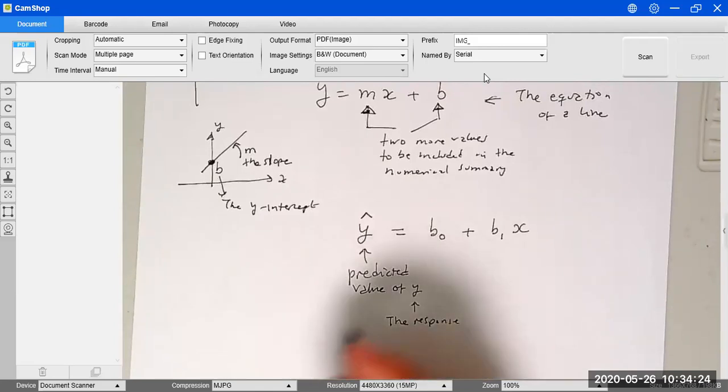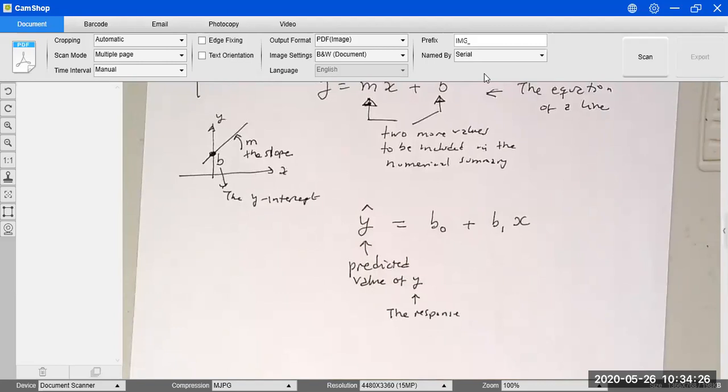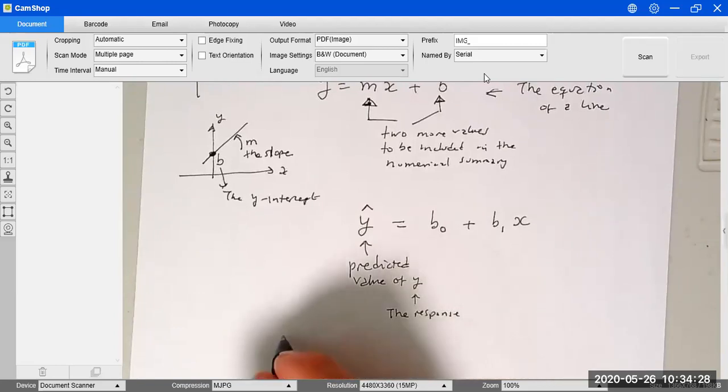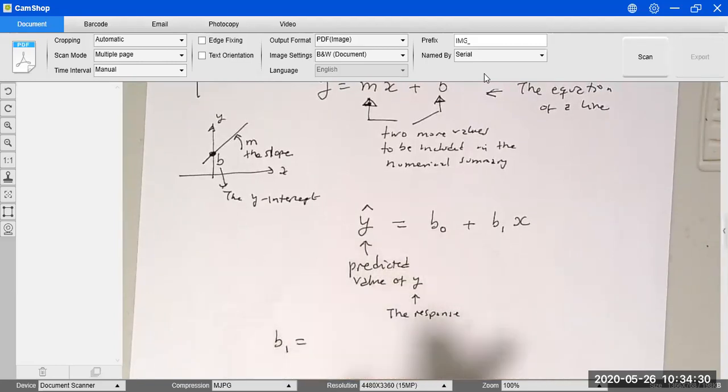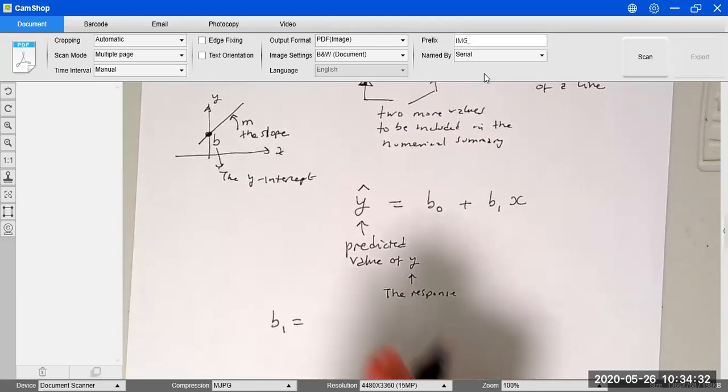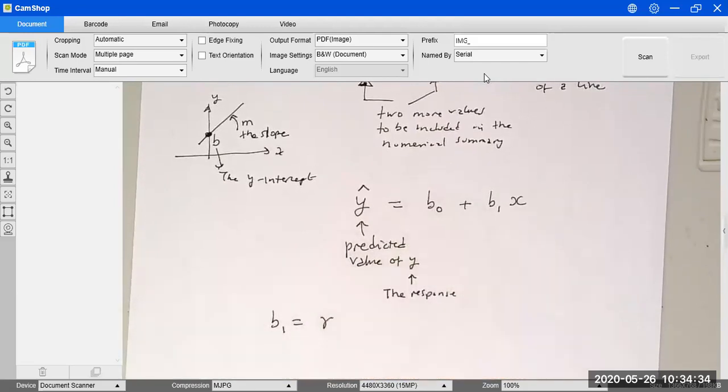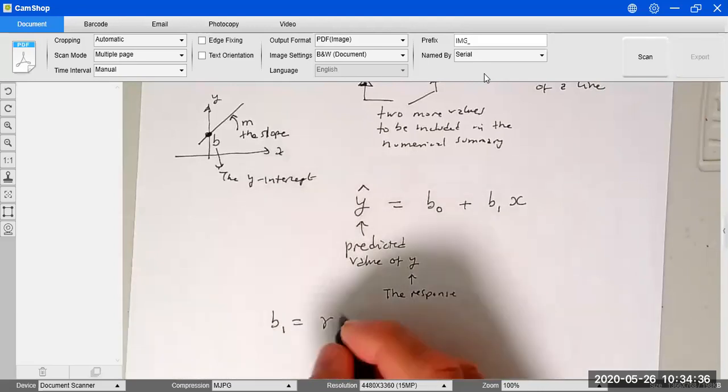So the formulas to obtain this equation are the following. So b1 is going to be obtained by using the correlation coefficient R, the one that we just obtained, and we're going to multiply that by the ratio between the standard deviations. So it's going to be the standard deviation of y over the standard deviation of x.